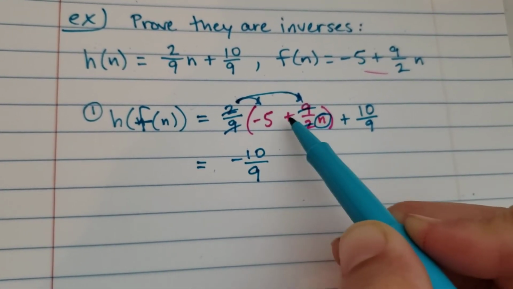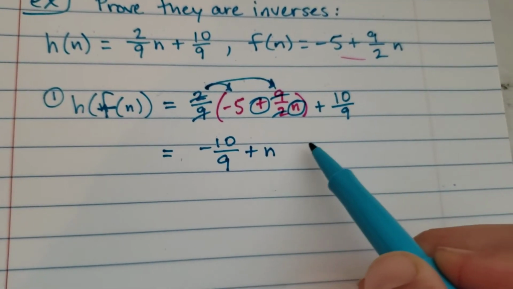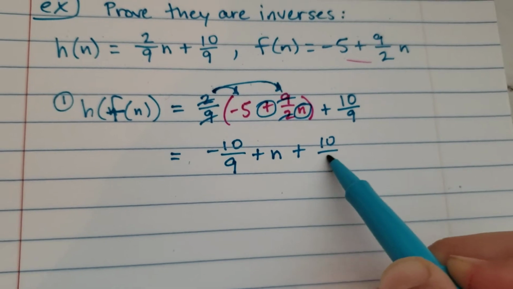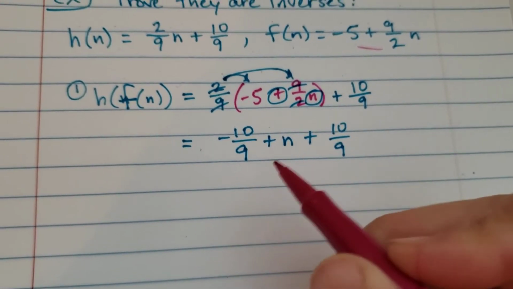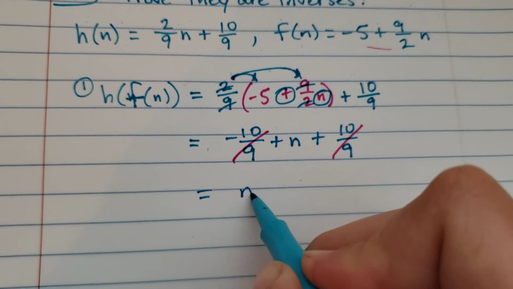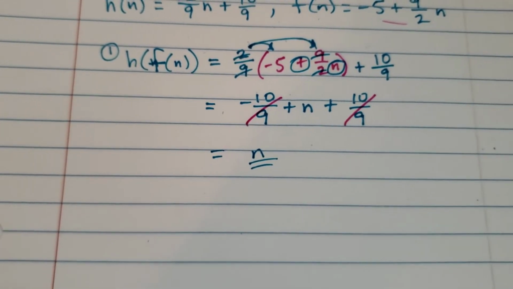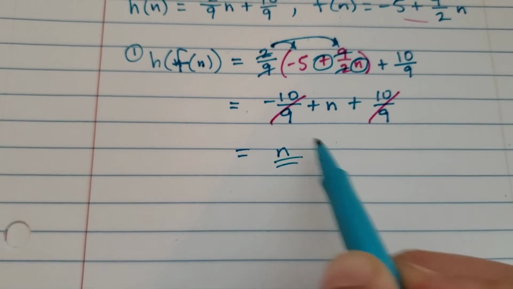All that's left is the n, and it's positive. Plus n, then drop down the end. Hopefully you see what's happening here. I have a negative 10 over 9 and a positive 10 over 9. They're going to cancel. So my final answer here is n. Remember, that's what we want. Whatever we plugged in is what we get out. Plug in an n, get out an n, nothing extra.